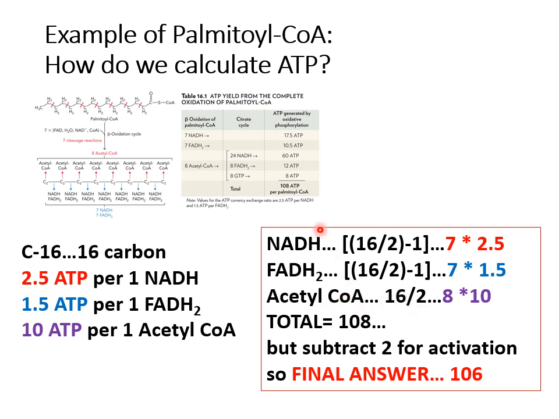And then for the amount of ATP, we would take our 9 NADH and multiply by 2.5. We would take our 9 FADH2 and multiply by 1.5. And we would take our 10 acetyl-CoA and multiply by 10 ATP.